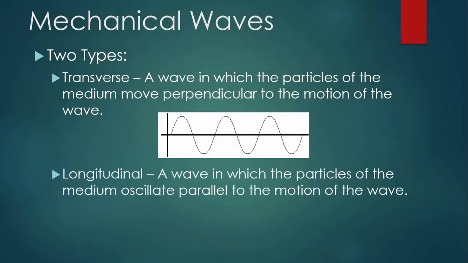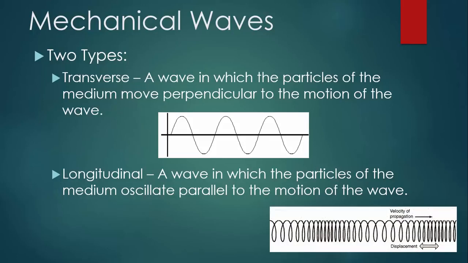The other type of mechanical wave is a longitudinal wave. This is a wave in which the particles of the medium oscillate parallel to the motion of a wave. This diagram is a little bit more complicated. This is basically the coils of a slinky, and you can see in some places the coils are bunched up really close, and in some places the coils of the slinky are spread out a little bit more.